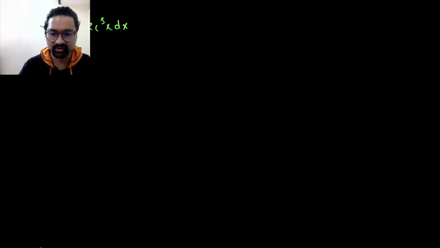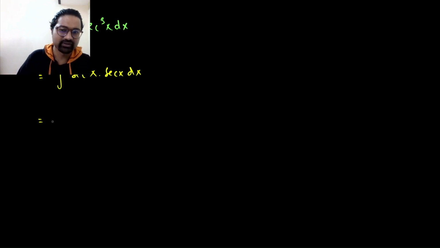Even if I try to manipulate this function, even if I try to write it as, let's say, sec square x times sec x, just for the sake of writing the function as a product of two functions, I still don't really meet the condition. It's not a condition actually, but there's something which we have been seeing, that the two functions are not of different categories, and this is why this is special.